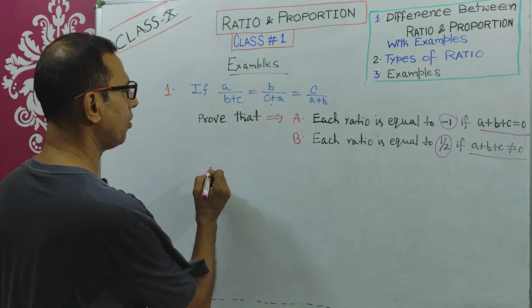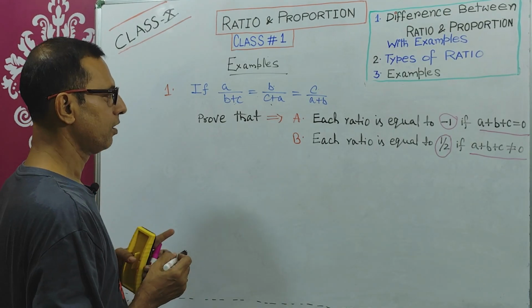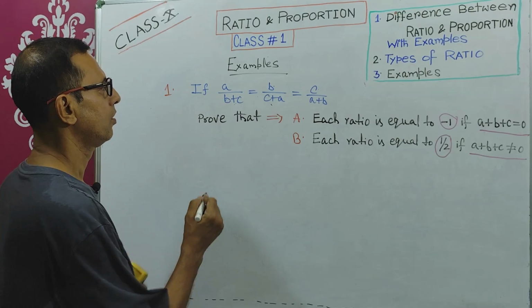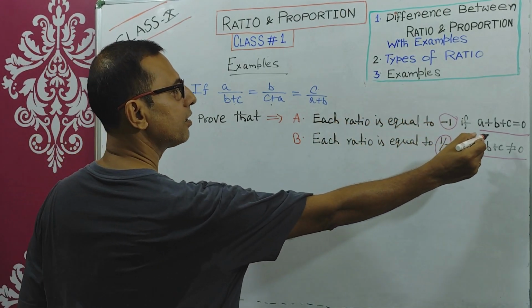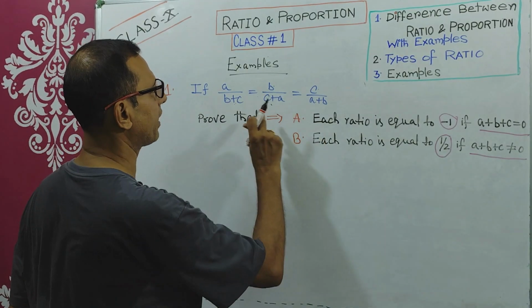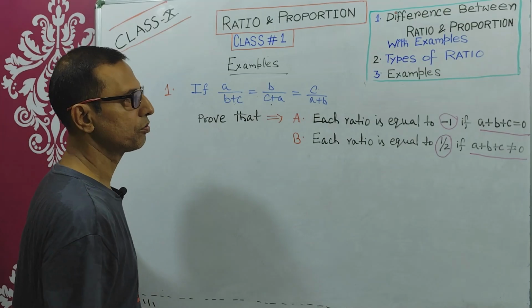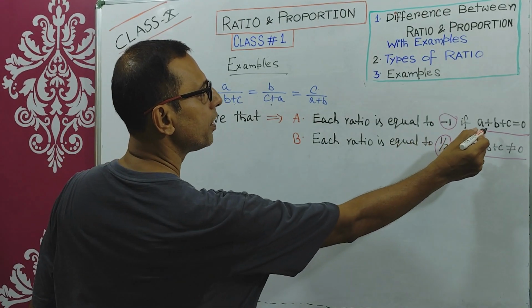So now we will do number 1 first. We'll start with the a plus b plus c equals 0 part, because one is the equality, another is a plus b plus c equals 0. So what you need to do?